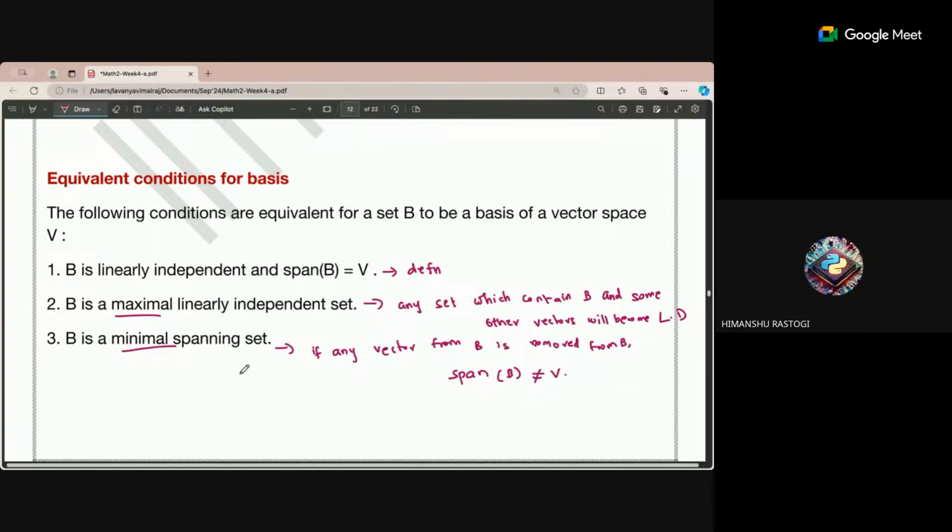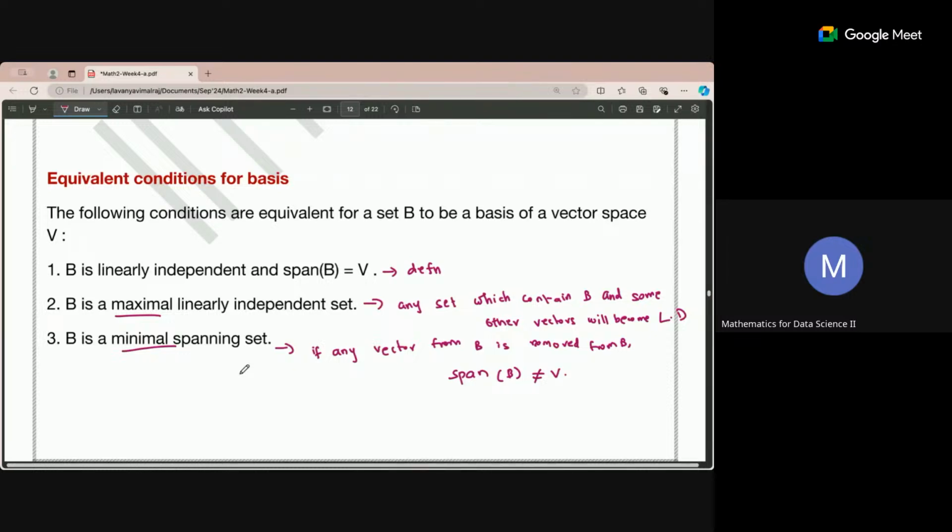Ma'am, excuse me. We can find the maximum linearly independent set, because there may be n number of linearly independent sets, right? How can we find that maximum? See, that is what I told you. In R3, for example, if you have 3 linearly independent vectors, that is the maximum number of linearly independent vectors you can have in R3.